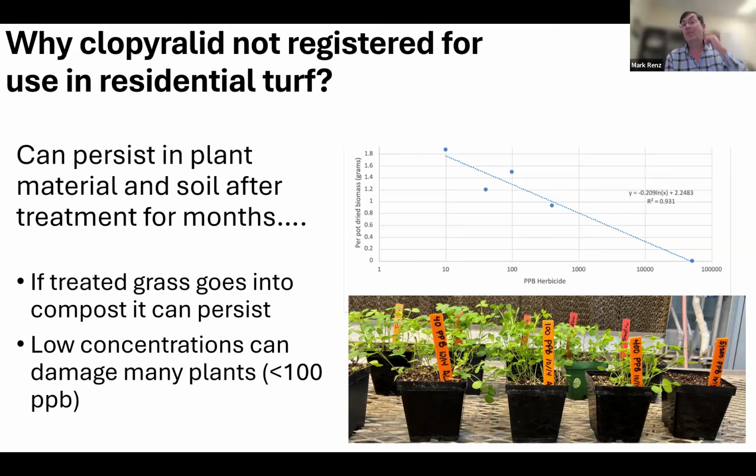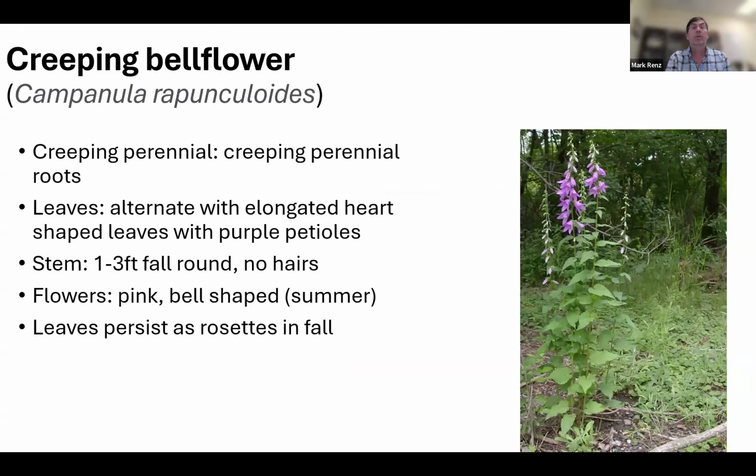And so we've often seen injury from this. It's been well documented, and we're really trying to eliminate this. We've done research and we found that rates as low as 100 parts per billion, that's like taking a grain of salt and putting it in a swimming pool, can cause injury to tomatoes. So this is the reason why we're trying to keep it out of residential environments.